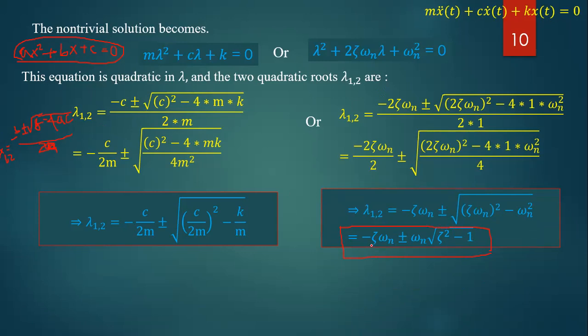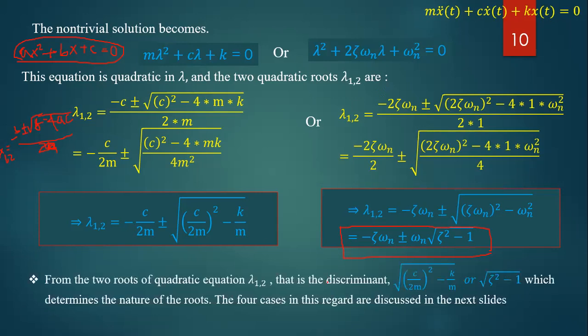The plus one is taken as lambda 1, and the minus one is taken as lambda 2. Now, from the two roots of the quadratic equation lambda 1,2, that is the discriminant, radical of c over 2m squared minus k over m, or radical of zeta squared minus 1 in this case.